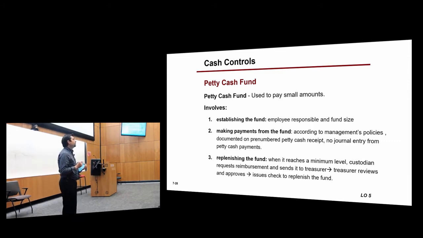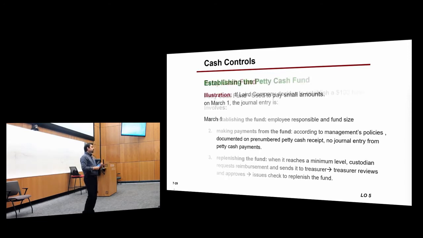The companies will not be making journal entries after every payment. They just keep the receipts and the information about each payment, documentation for each payment. However, at the end of the month, when they replenish the account, this is when they will actually write the journal entries. So let's see how this is recorded.